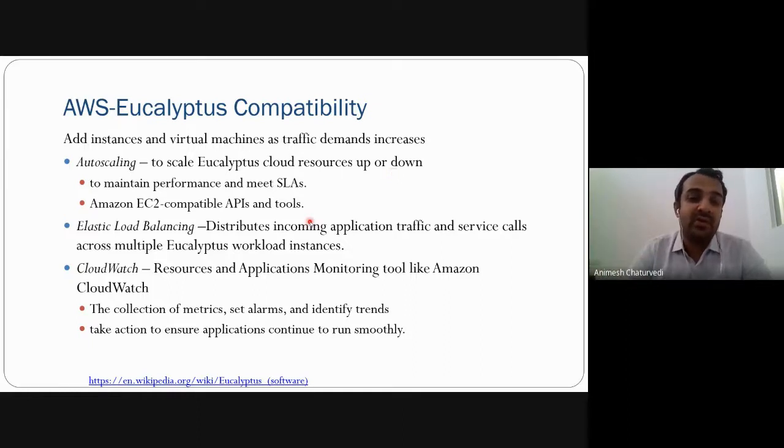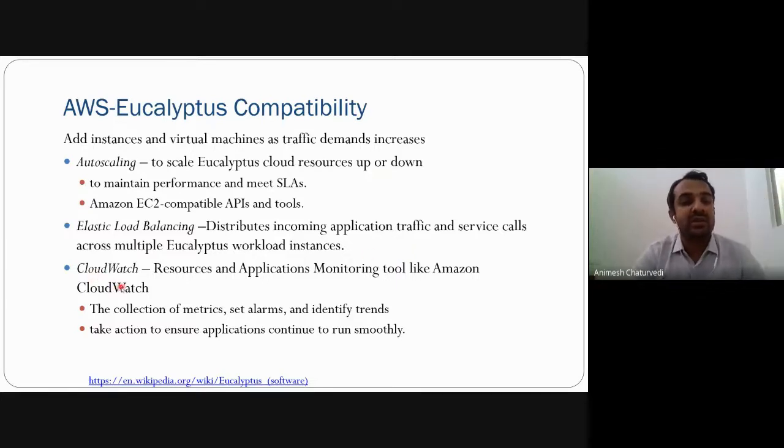It distributes the incoming application traffic and service calls across multiple Eucalyptus workload instances. But when high elasticity is needed, meaning lots of inflow traffic is coming, it will shift to the Amazon EC2.